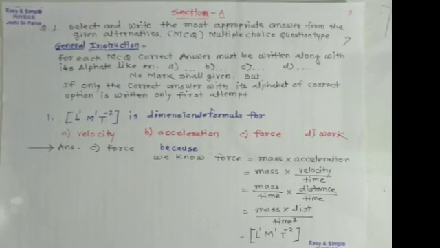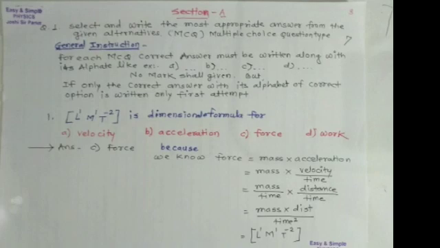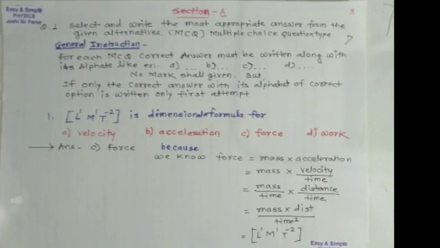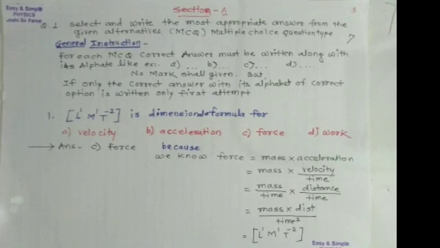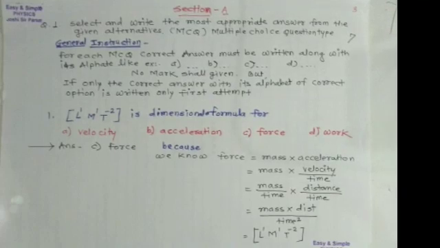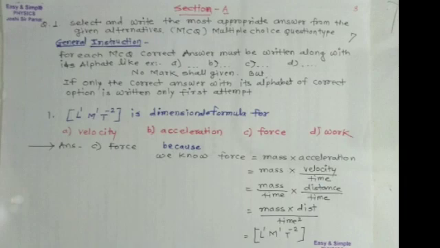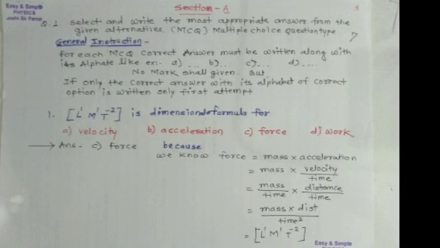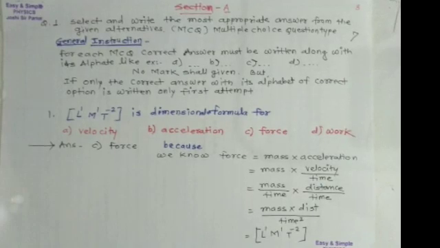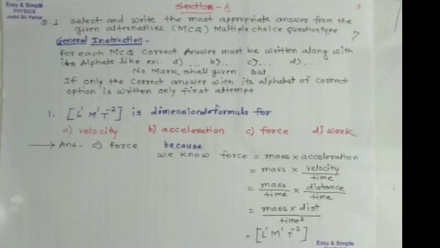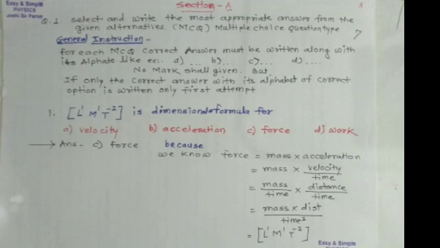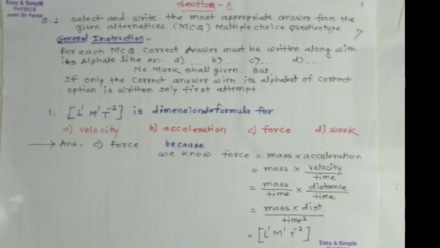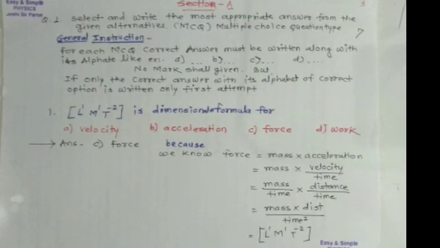In section A, question number 1 says: select and write the most appropriate answer from the given alternative options of the multiple choice question. But a general instruction is there. In this MCQ, we can write the correct answer along with its alphabet.